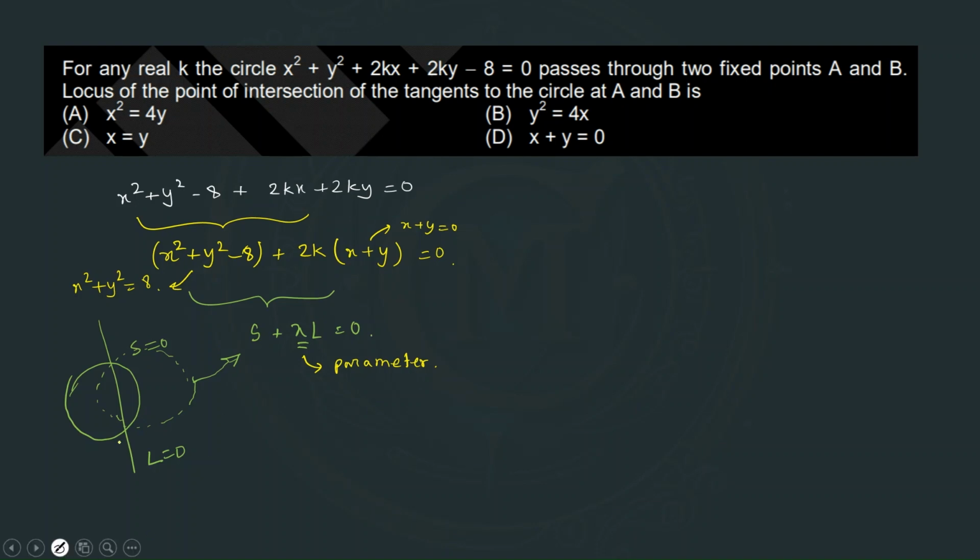So the circle that was given to us in the question is nothing but the circle passing through the intersection point of this circle x square plus y square equal to 8 and the line x plus y equal to 0. So like this.